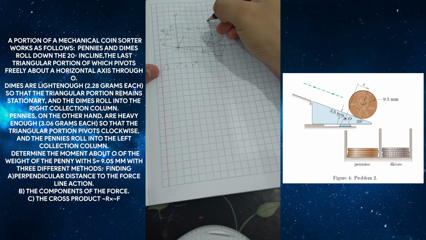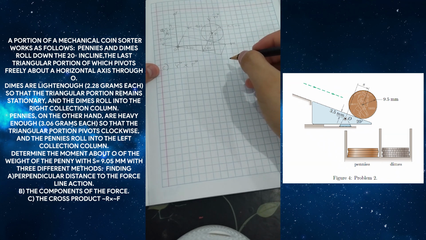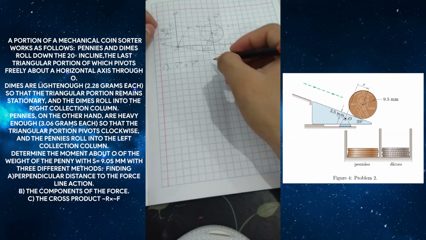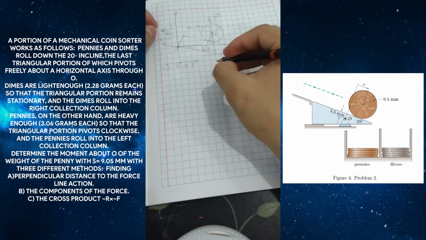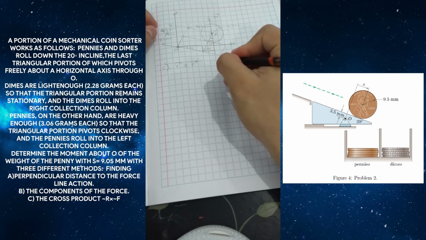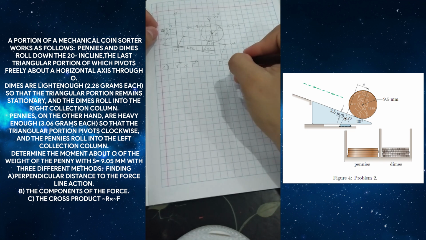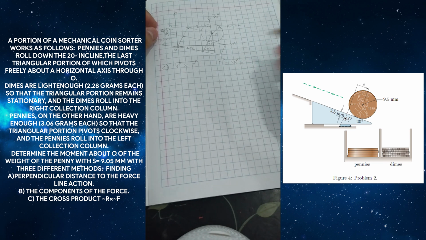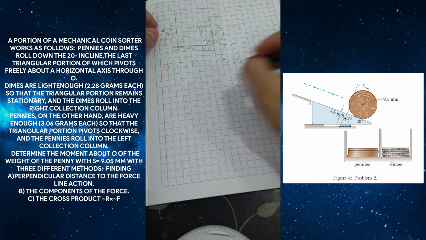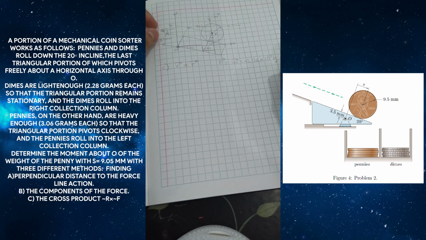Well, we know that the weight vector is the force vector, that is equal to 3.06 times 10 power negative 3 gravity in terms of y, and this value is negative, in newtons.